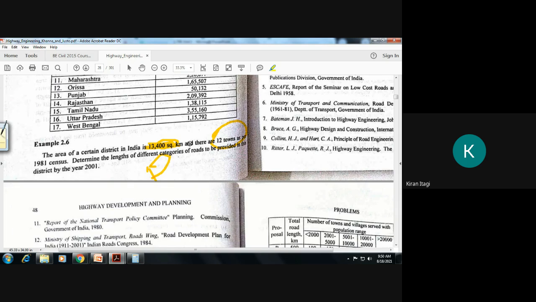Sorry, here I can't write. So determine the primary, secondary, and tertiary road length. Be fast. Area he has given and number of towns he has given.